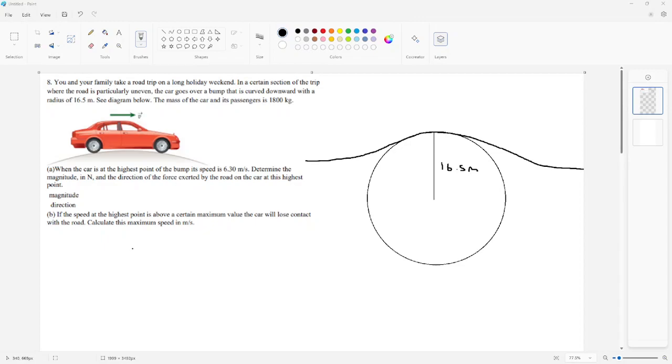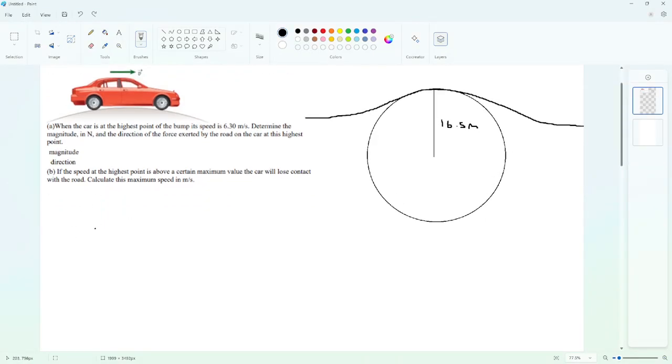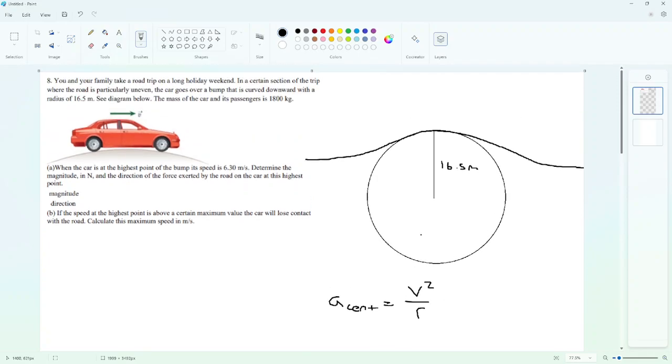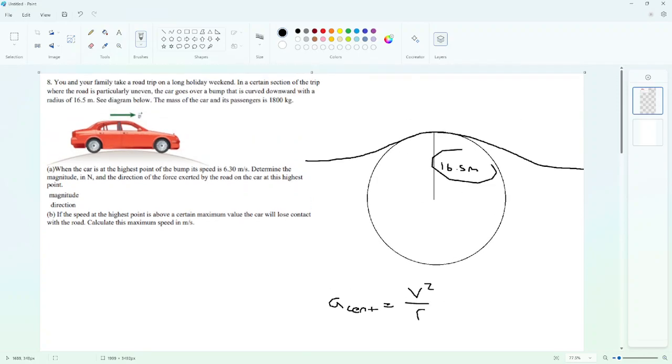Well, luckily for us, the mathematicians before us came up with this fancy little, well, quite simple equation that gives the relationship of acceleration to the velocity that you take a curve at, which is going to be equal to: acceleration centripetal is going to be equal to velocity squared over r, where r is the radius of the curve. In this case, r is this, and velocity is going to be equal to this.